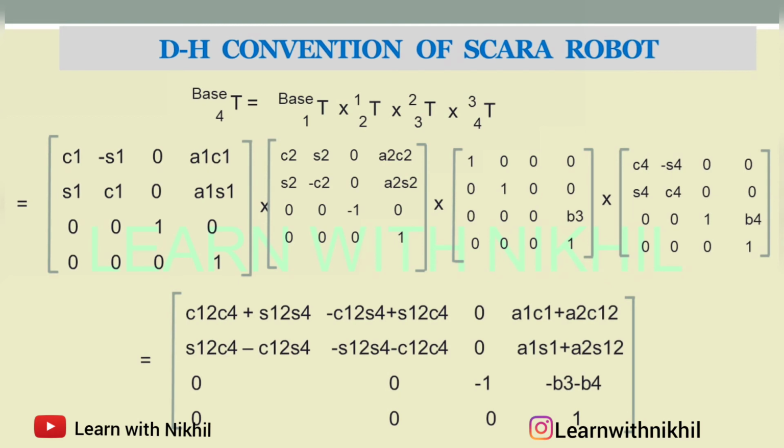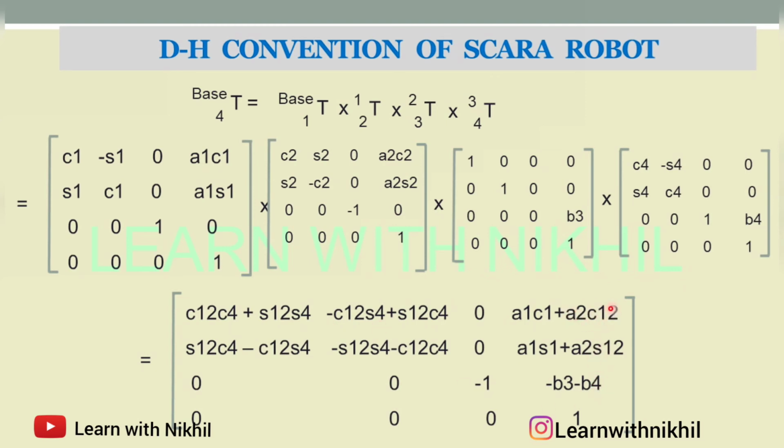This is the homogeneous transformation matrix for the SCARA robot, in which this part denotes the rotation. This 3 by 3 matrix denotes the rotation term and this denotes the translation.